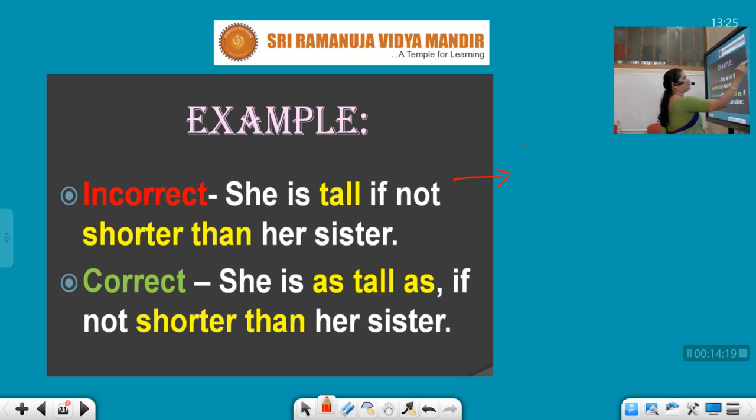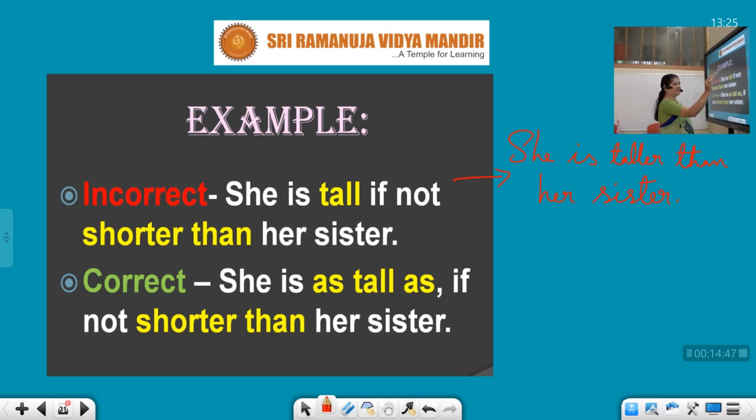She is tall or taller. She is taller than her sister. Did you understand this point?